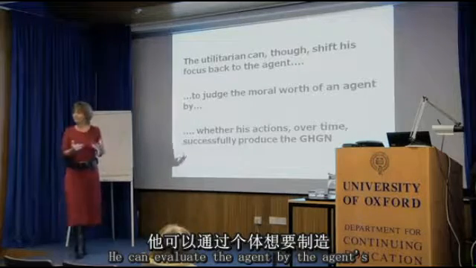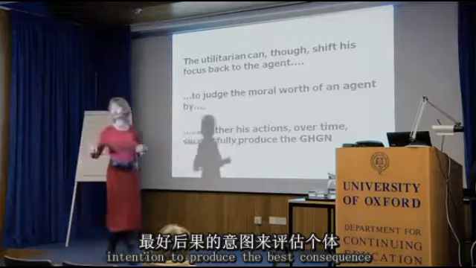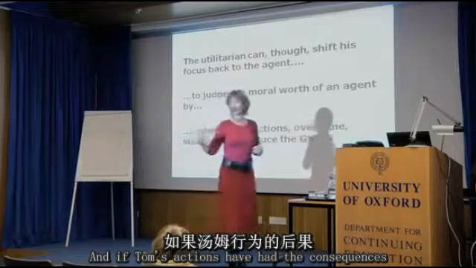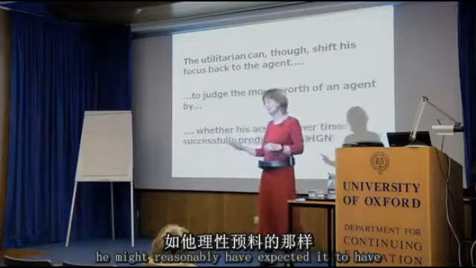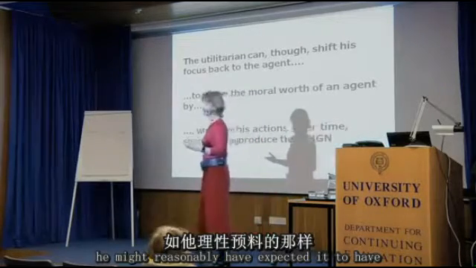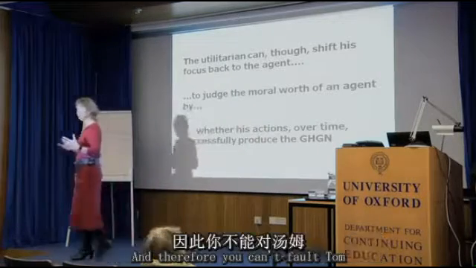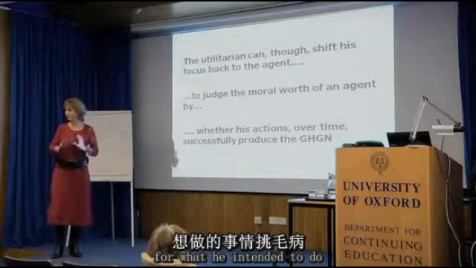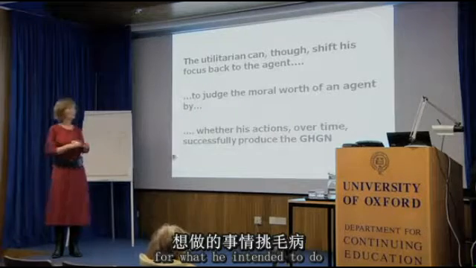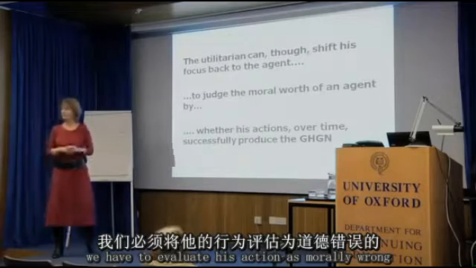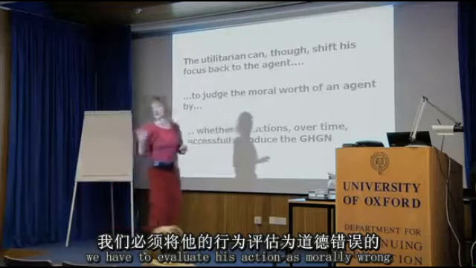He can evaluate the agent by the agent's intention to produce the best consequences. If Tom's action had had the consequences he might reasonably have expected, it would have produced the greatest happiness of the greatest number, wouldn't it? And therefore you can't fault Tom for what he intended to do. Unfortunately, because of what actually happened, we have to evaluate his action as morally wrong.